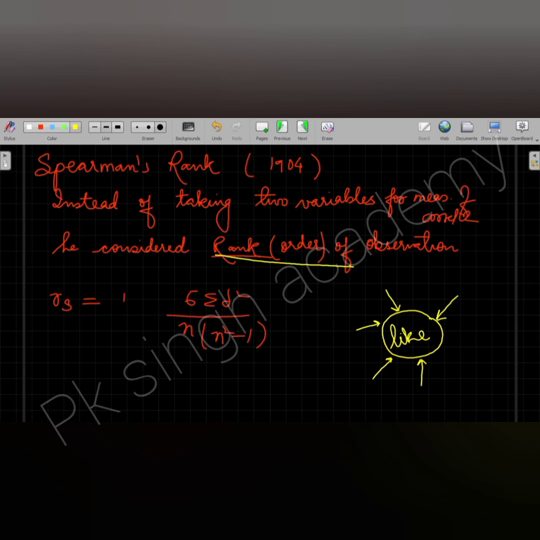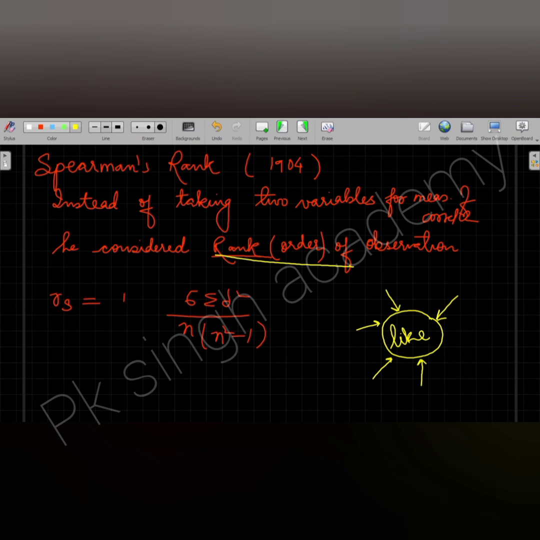He did not consider the correlation of the two variables directly, as we have seen in Karl Pearson. He ranked all the observations, and then drew the conclusion.